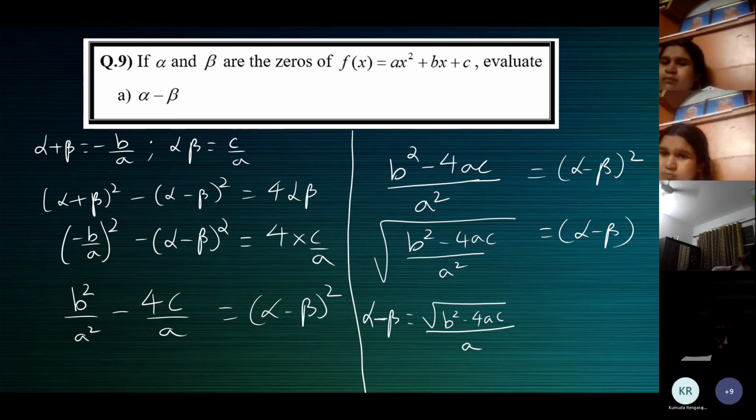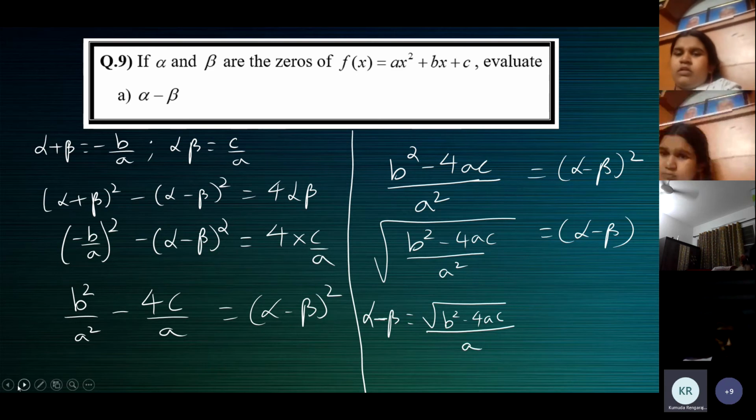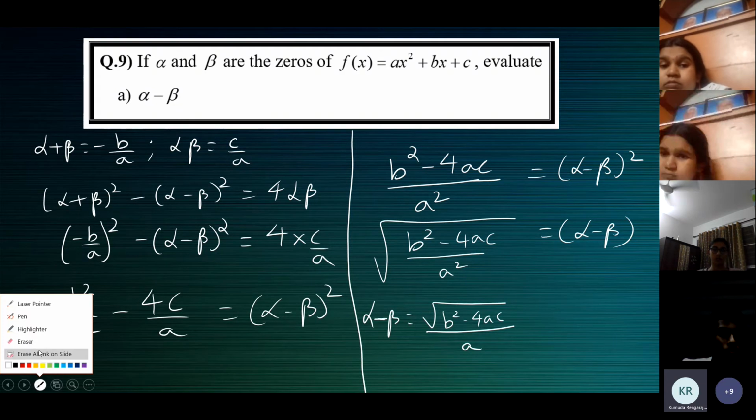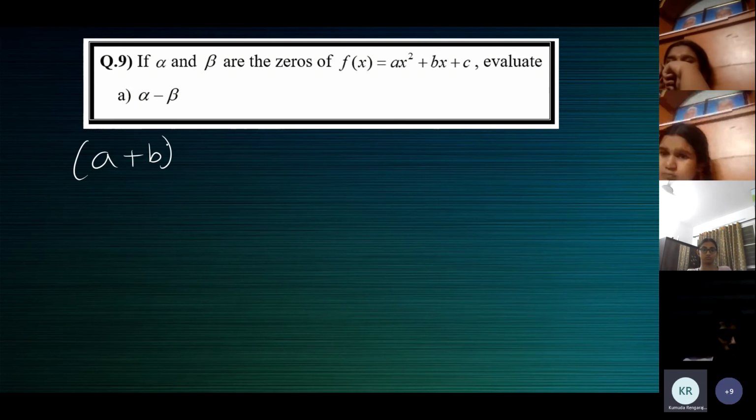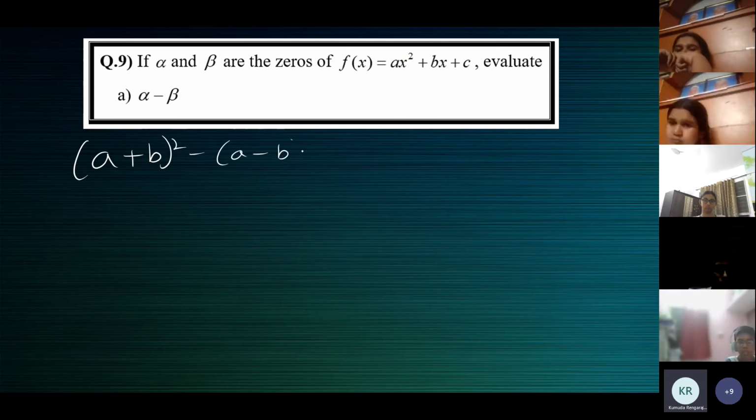So you can also alter this identity like this. We know that a plus b the whole square minus a minus b the whole square is equal to 4ab. Here in place of a we're using alpha and in place of b we're using beta.